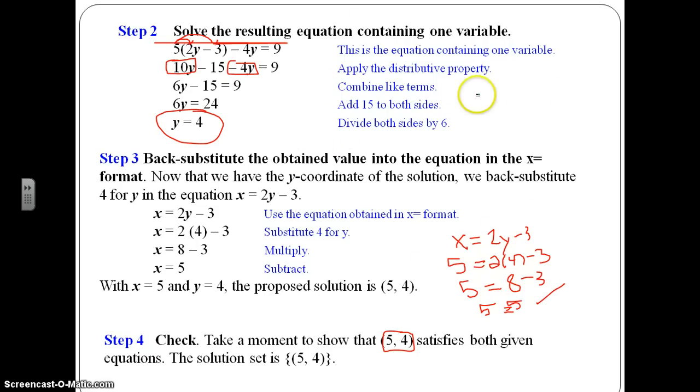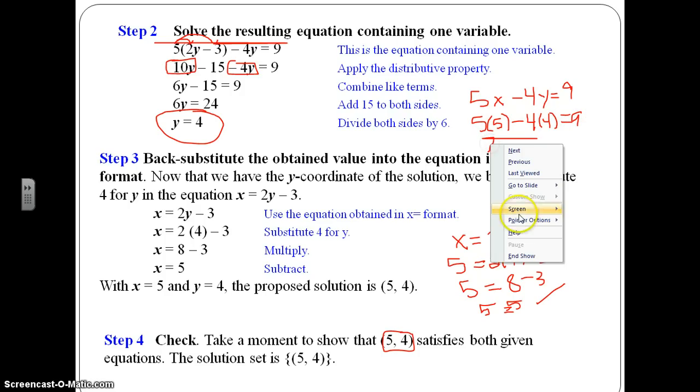And the other equation was 5x minus 4y equals 9. So I would take 5 times 5 minus 4 times 4 equals 9. Well, 5 times 5 is 25. Let me erase that real quick.